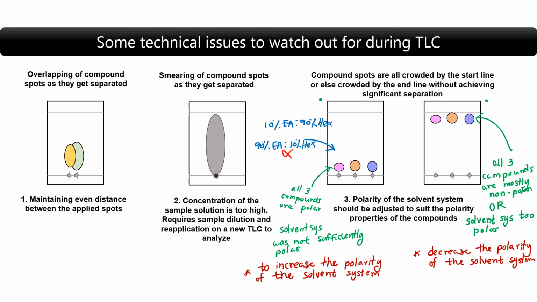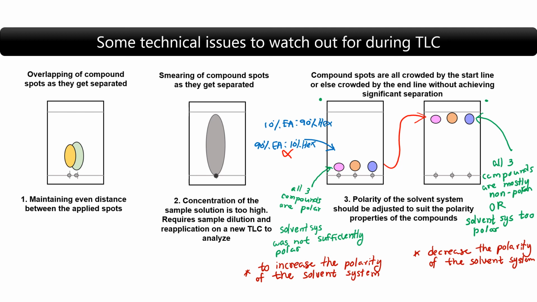So if you change the solvent system directly to 90% ethyl acetate and 10% hexane, all of these compounds would move to the top of the plate because now the solvent system is too polar.